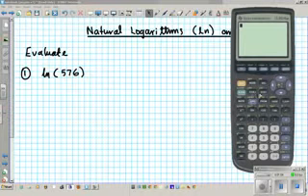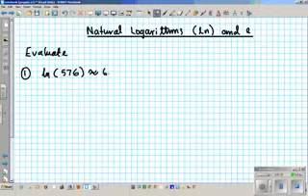For that, we just look for the ln button on your calculator. Most scientific calculators have that as a standard button. Okay, so ln of 576 is 6.356. 6.356 is the approximate value.